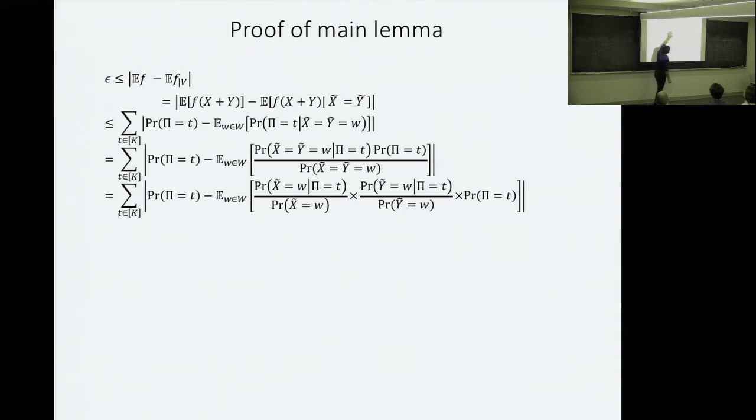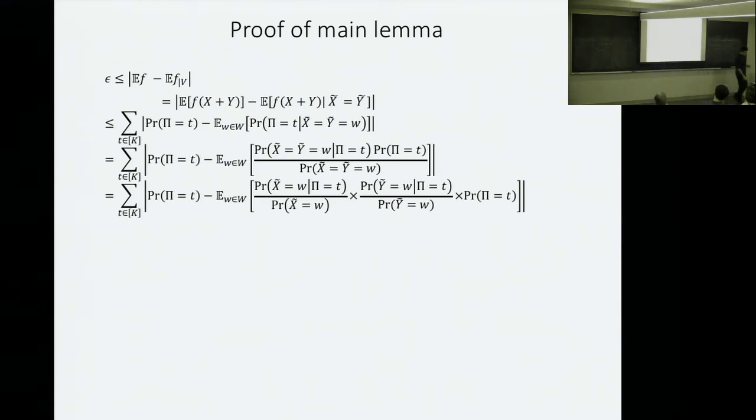So you can rewrite this as the product of x tilde equals y when you fix rectangle pi, times the product of the other side. And this was also independent, so I separate these also.